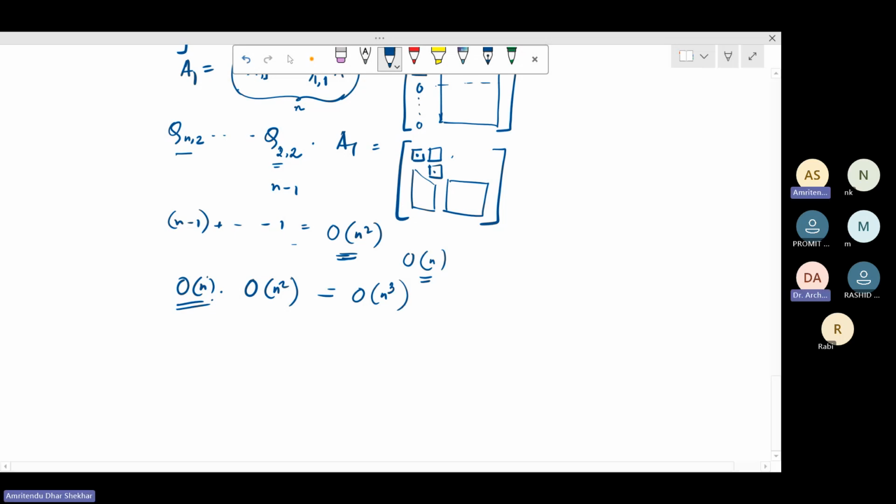You can always multiply complexities: the complexity of f(n) times the complexity of g(n) is equal to the complexity of f(n) times g(n). This is true.